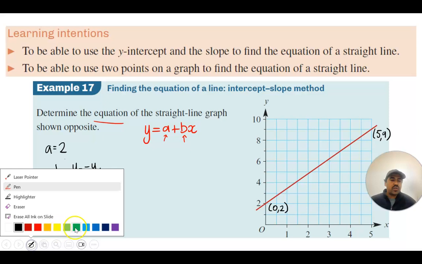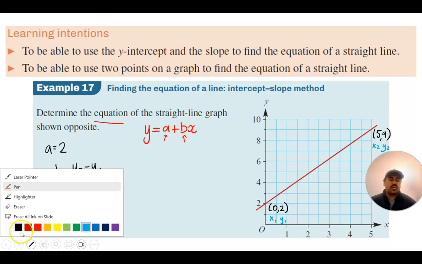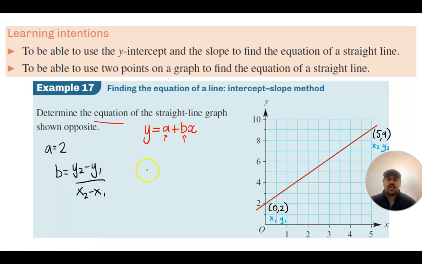And make sure that when you label this, we label this visually from left to right. So this is x1, y1, and this here is x2, y2. So we've got our first corresponding pair of coordinates, hence the 1, and our second pair of corresponding coordinates, which is 2. And now we just plug this in and make sure that our arithmetic is executed correctly.